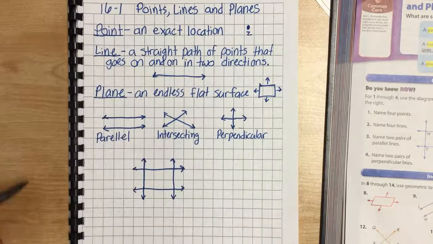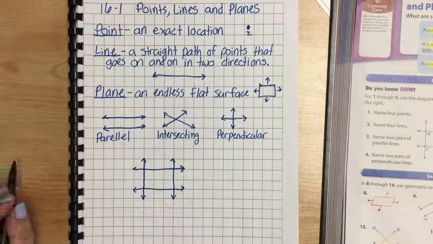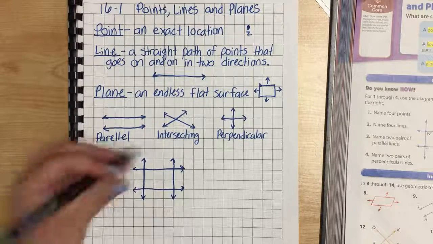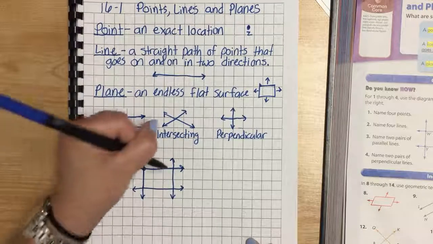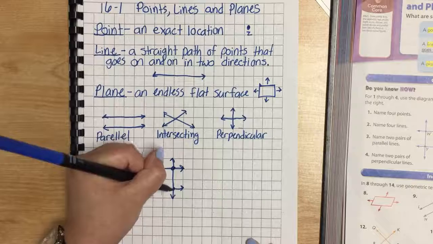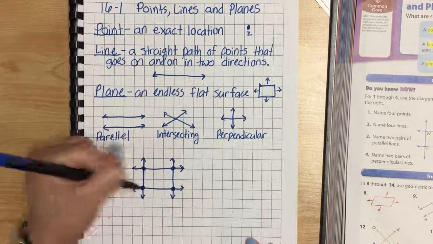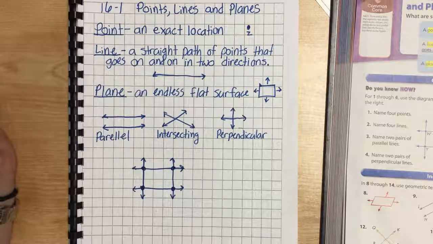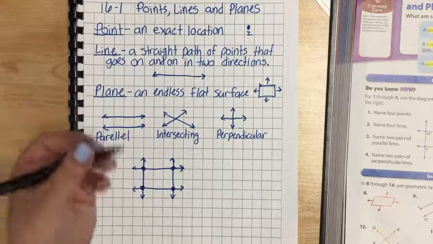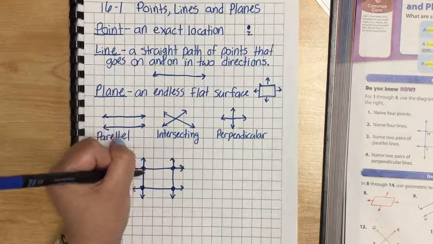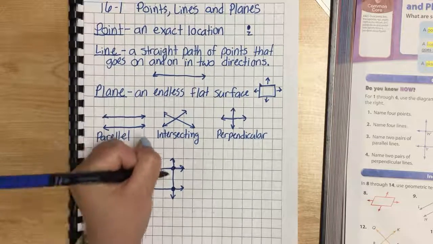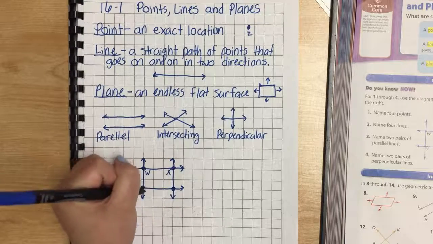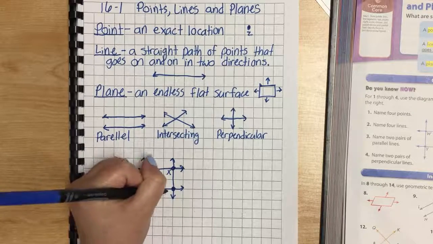Then you're going to add points at each intersection. So, here, here, here, here. Every point needs to be labeled so it can be identified. So I'm going to label it W, X, Y, Z.